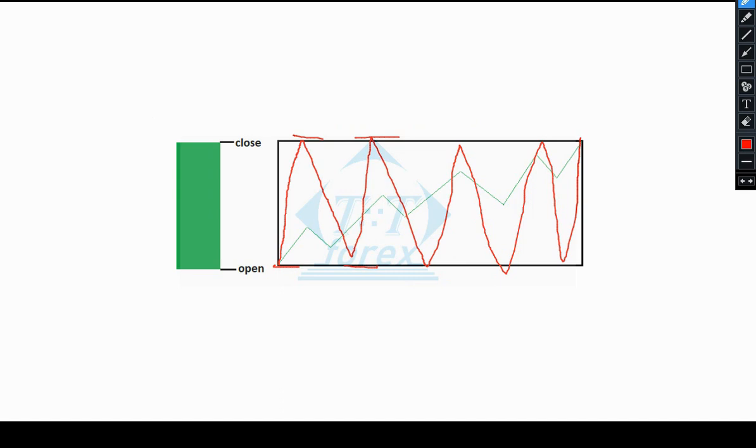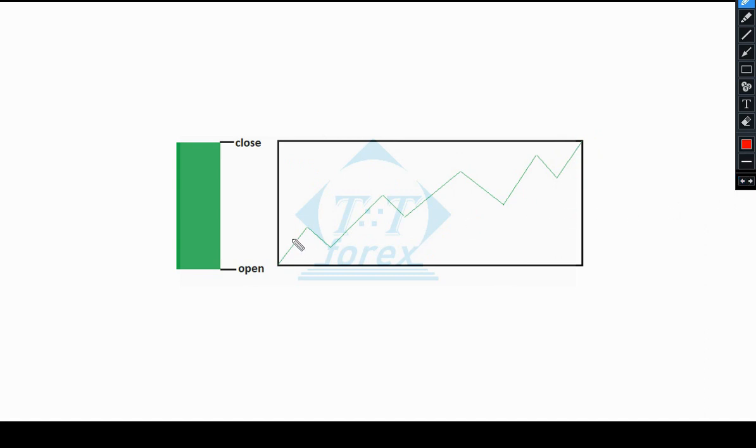Something of that nature. You could have traded the whole day, selling, buying, selling, buying, until the end of the day when the market closes, and that's where you would have closed your laptop, closed your trades for the day, and called it a day.